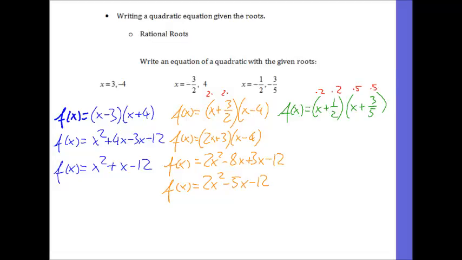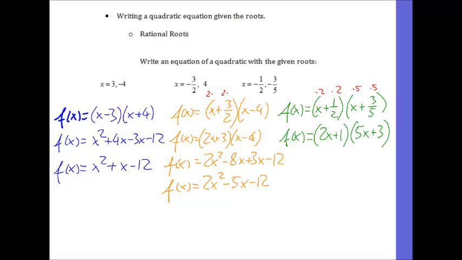So now we got f of x is equal to 2x plus 1 times 5x plus 3. And again, we can go ahead and multiply this out, FOIL it to get our equation in standard form. Remember, ax squared plus bx plus c is standard form.